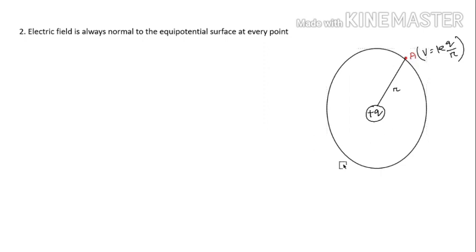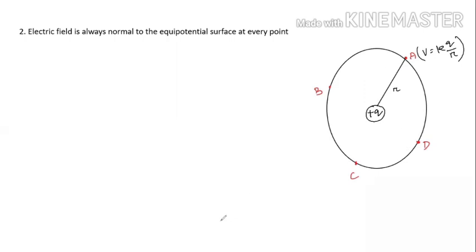This is that sphere, and this Q is at the center of this sphere, and this point A is at distance R from this Q. So if I assume different points, let's say somewhere here, somewhere here, somewhere here, at every point you will have the same potential. So hence this is nothing but an equipotential surface. Okay, so this is what we have seen here.